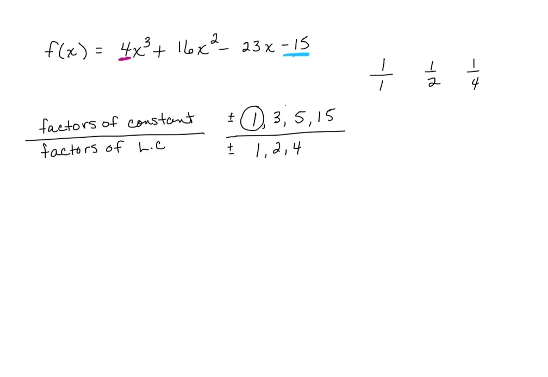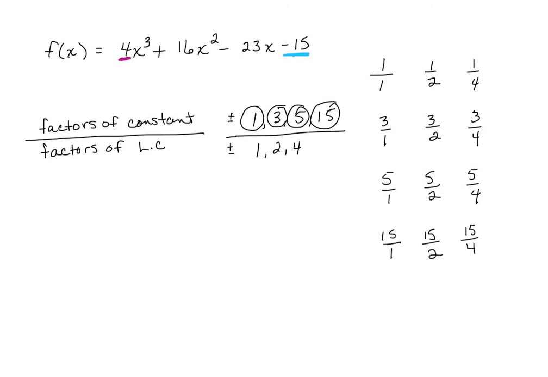Now I'm going to do the same thing with the 3. 3 over 1, 3 over 2, 3 over 4. Now I'm going to do the same thing with the 5. 5 over 1, 5 over 2, 5 over 4. And then with the 15.